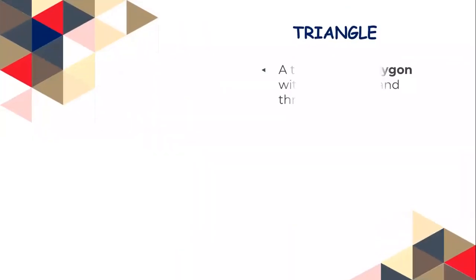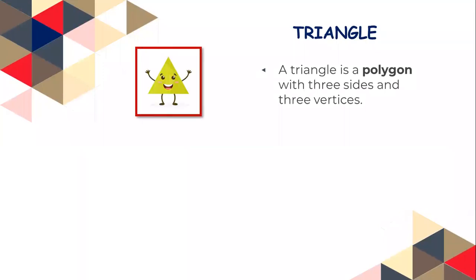So here is a triangle. A triangle is a polygon with 3 sides and 3 vertices. You are all familiar, I hope, with the basic definition of a triangle: a shape or figure with 3 sides and 3 vertices. Here I have highlighted the word polygon. What is a polygon? A polygon is basically a plane closed figure having 3 or more than 3 sides.